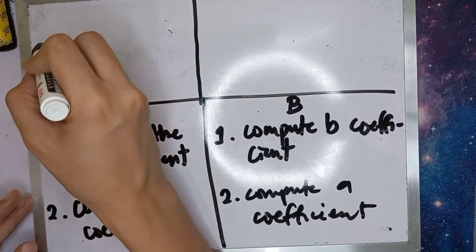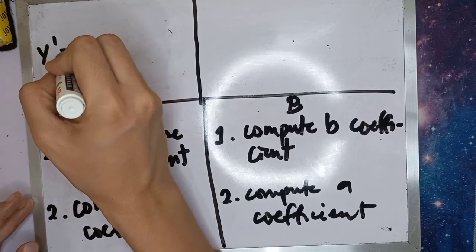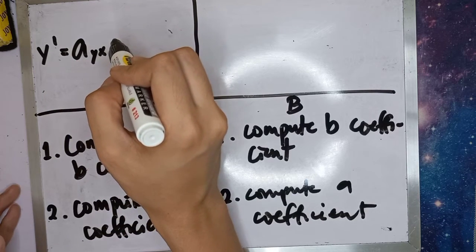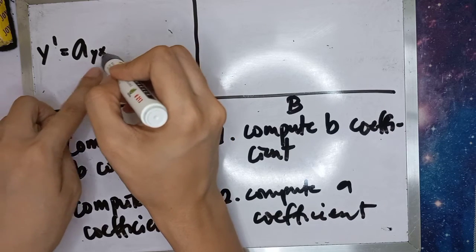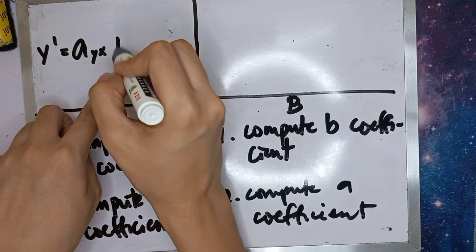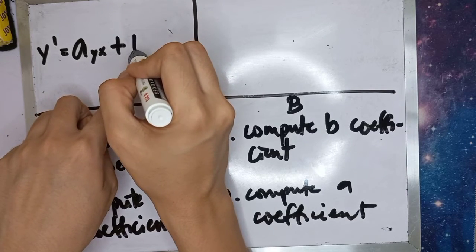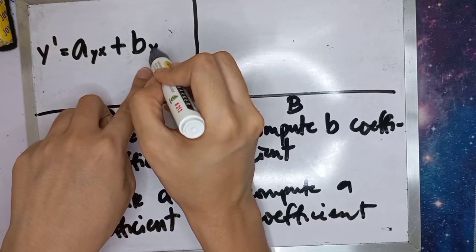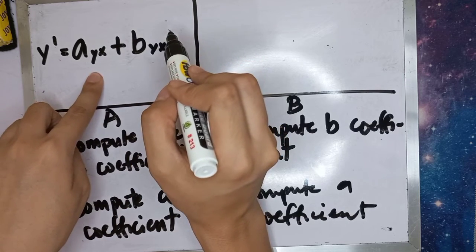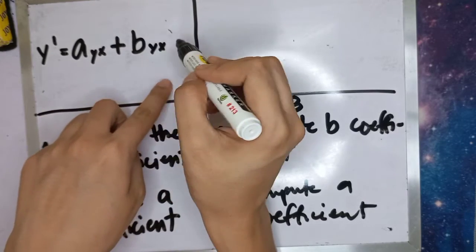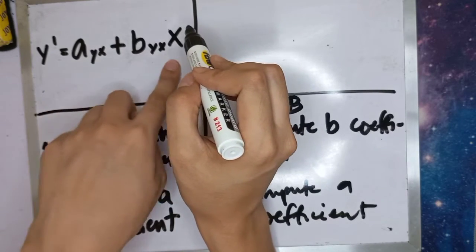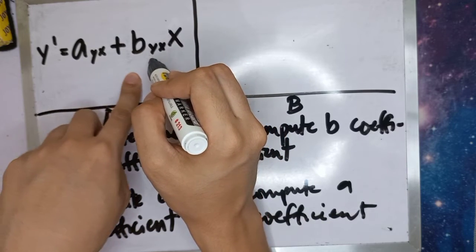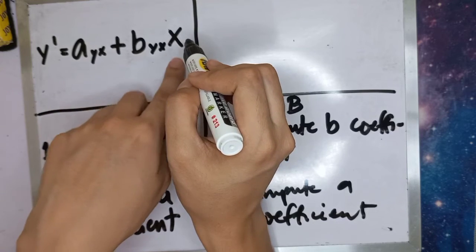Dito, ang gagamitin natin is this one. This is the A coefficient, predict Y from X, plus B, okay, YX siya because predict Y from X, okay, and X, multiply natin later sa B coefficient, and i-add natin sa A coefficient yung raw score.